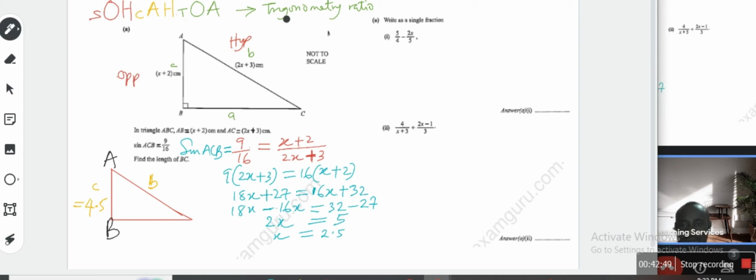Okay, B is 8 by substitution. All right. So we can apply Pythagoras theorem.